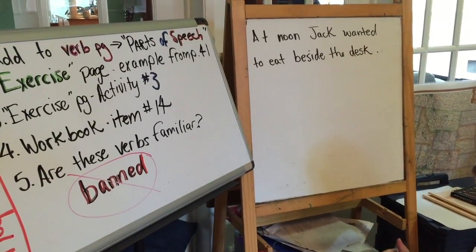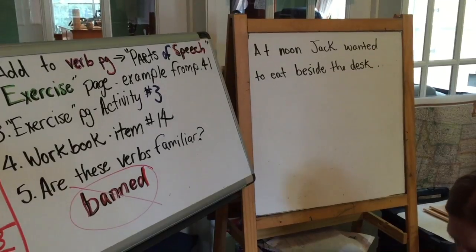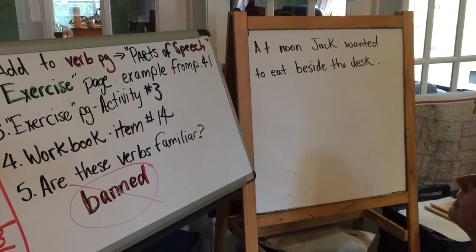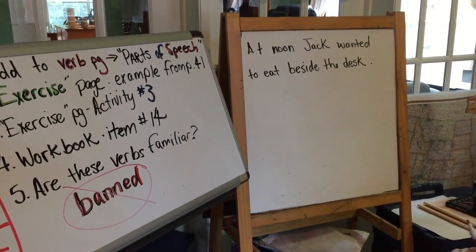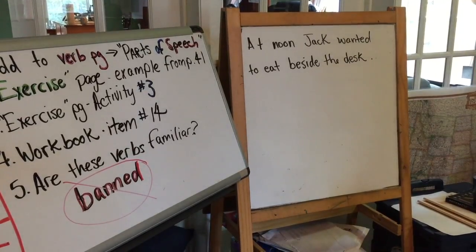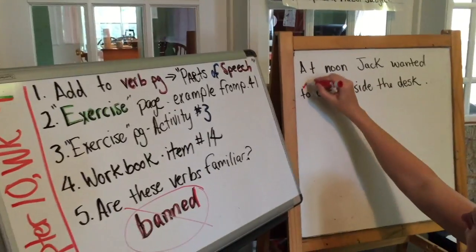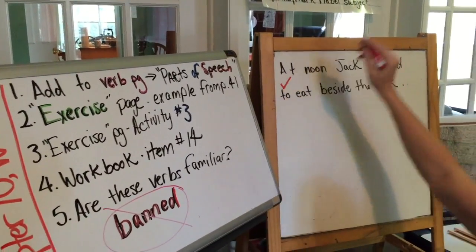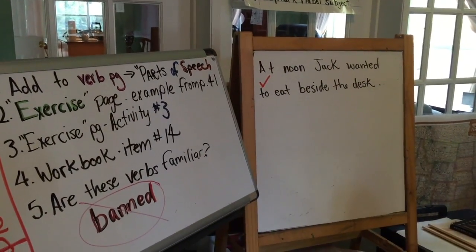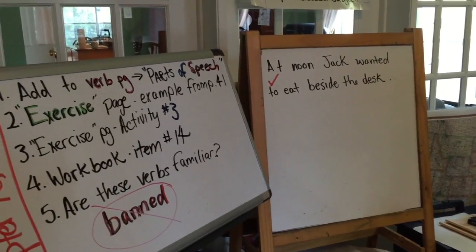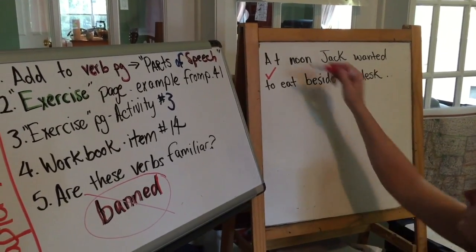Okay. What's the first thing that we do to analyze this? We read the whole sentence. At noon, Jack wanted to eat beside the desk. Check for twos. There's one. Step number 3. Find and label the position words. There's one.